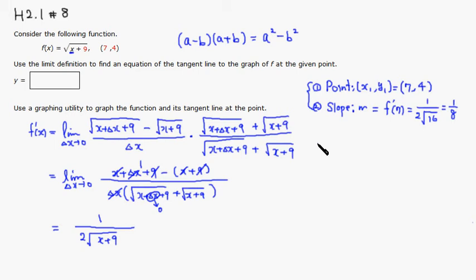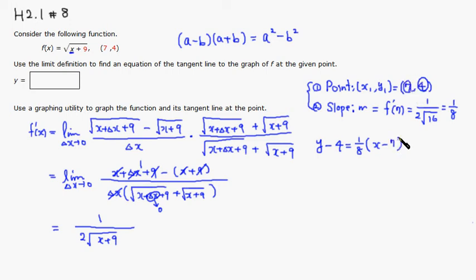Now we can find the equation by point-slope form. The equation of the tangent line is y minus y1, where y1 is 4, equals 1/8 times the quantity x minus x1, where x1 is 7.